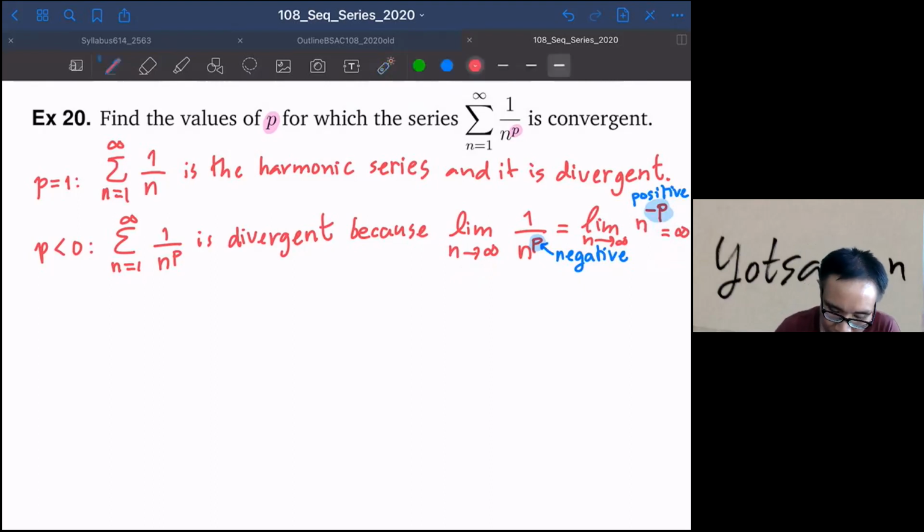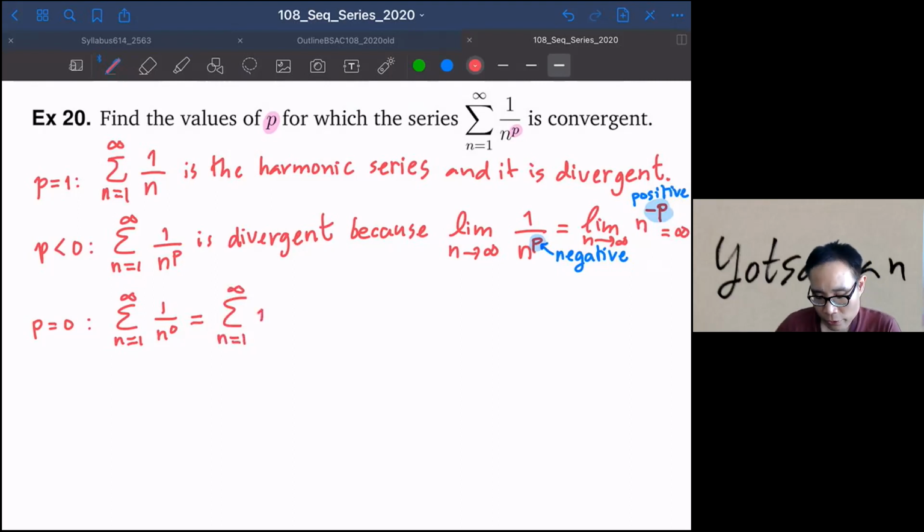The next one is when p equals 0. Your series becomes 1 over n to the 0, so it is the series from n equals 1 to infinity of 1.